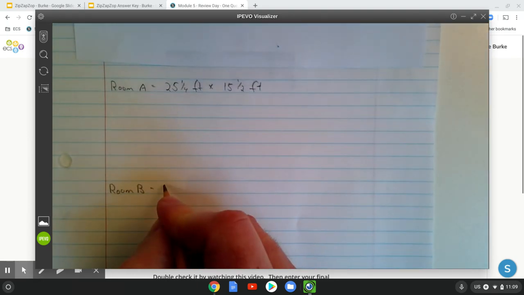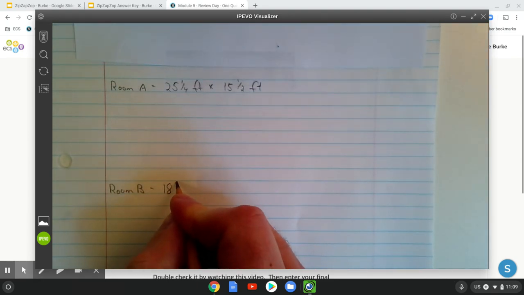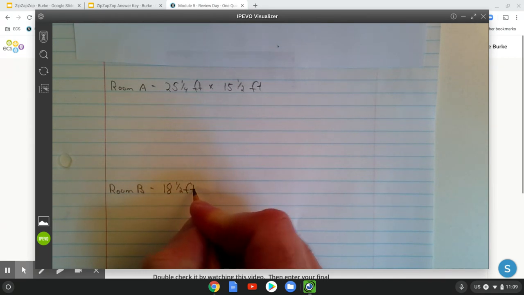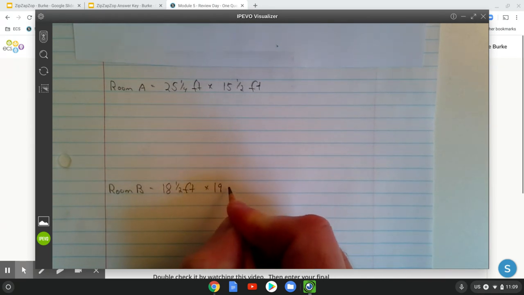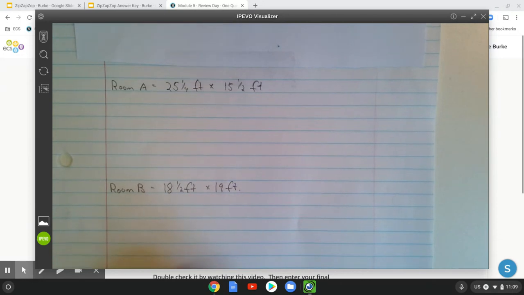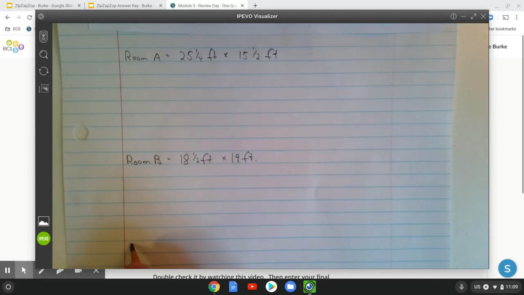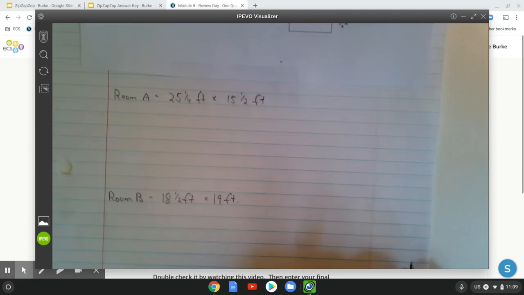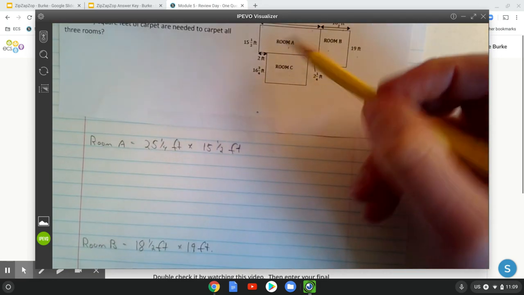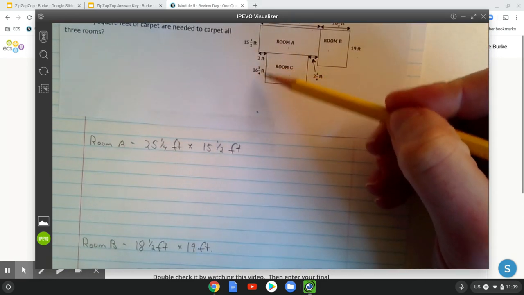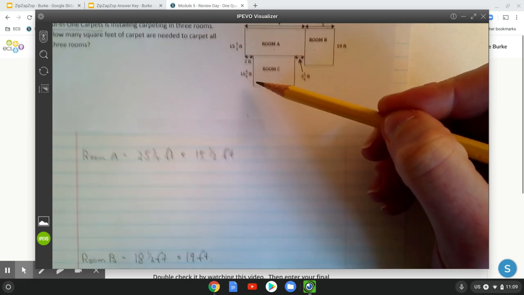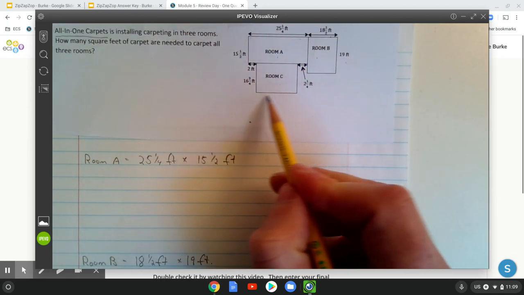So I'm going to multiply to find the area there: 18 and a half feet by 19 feet. And then room C. Room C is 16 and 3/4 here, but it doesn't give us the other dimension.